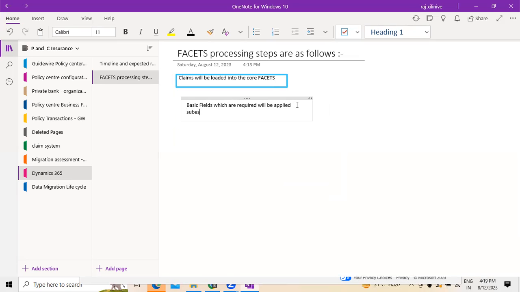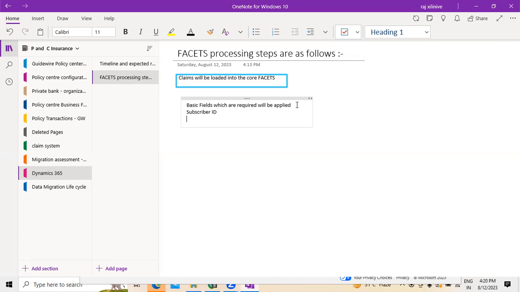The first one is called subscriber ID. This is the first one, because the subscriber is whoever has subscribed for a particular plan. So that subscriber ID has to be updated in this.